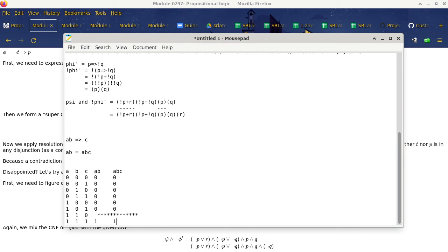So for all of the other rows, you can see AB versus ABC, they gave us exactly the same result. So this is the proof, okay, that if you are told that this implication is true, A and B implies C, then AB really is the same thing as ABC.